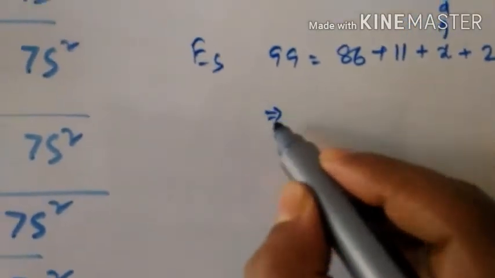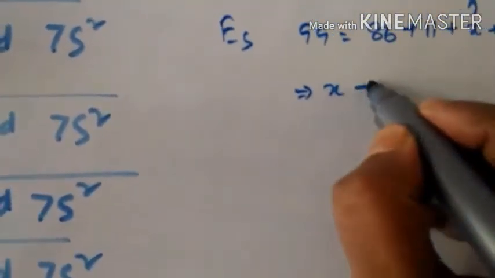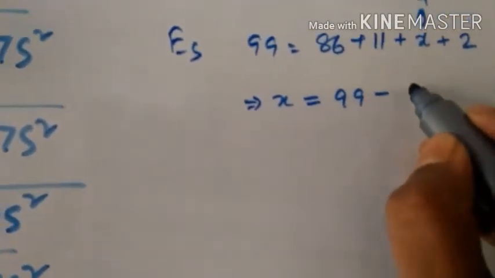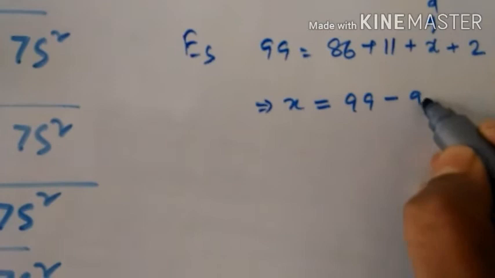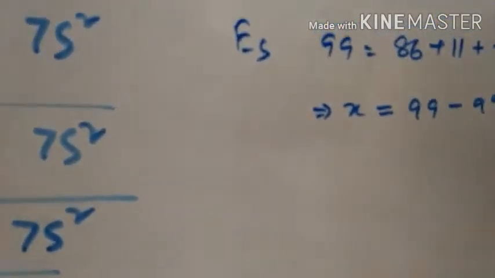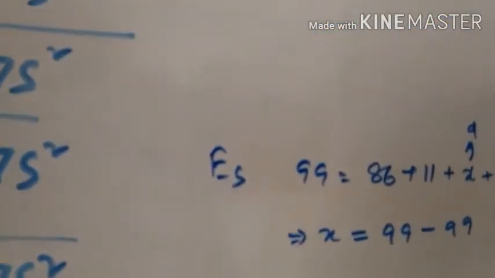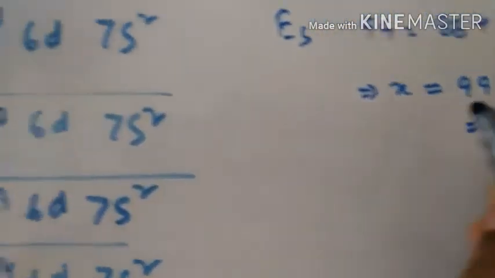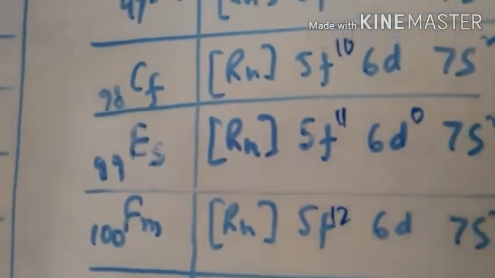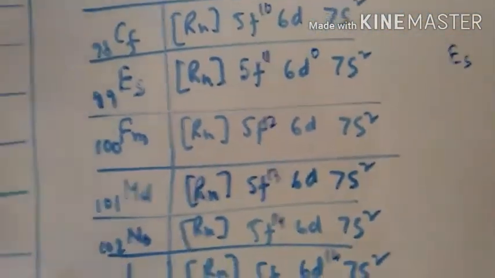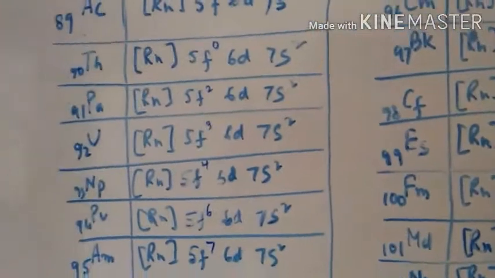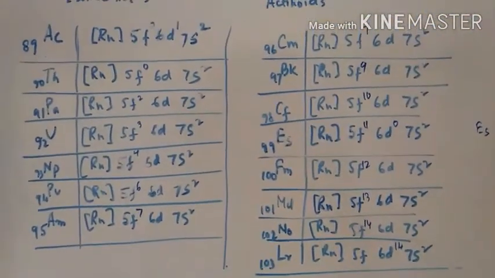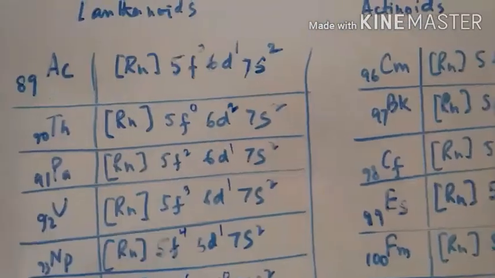So if we calculate for X, then we get 99 minus 86 minus 11 minus 2. So X is 0. So for einsteinium d is 0. This is how we can calculate the number of d electrons. I am calculating it for you.